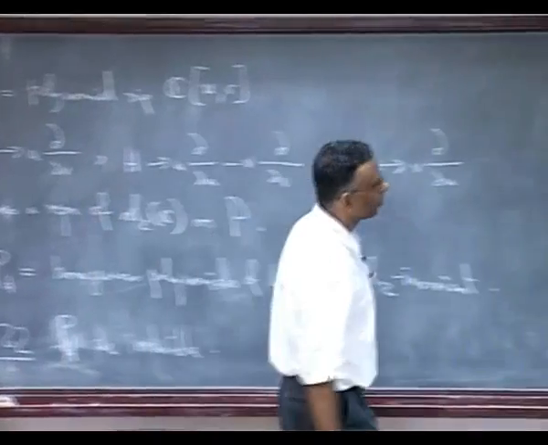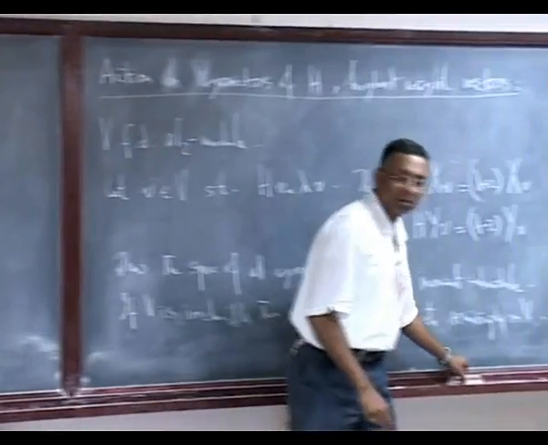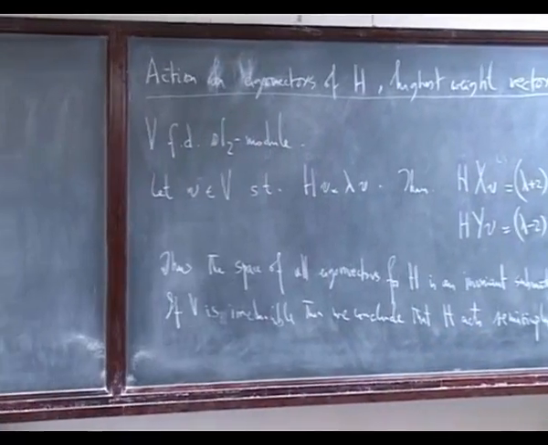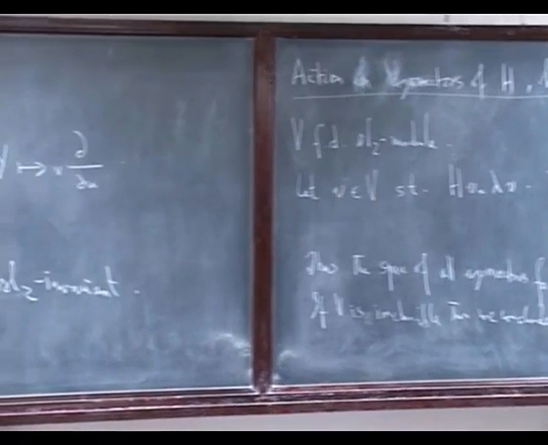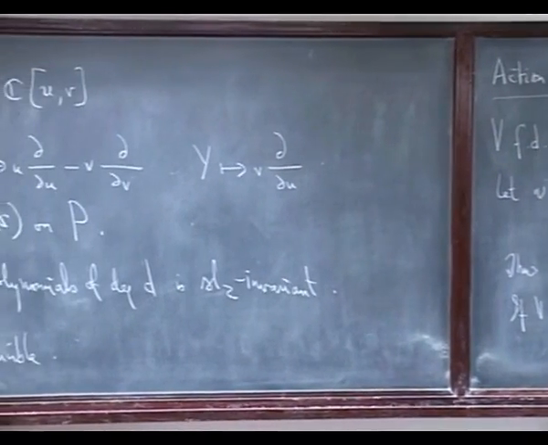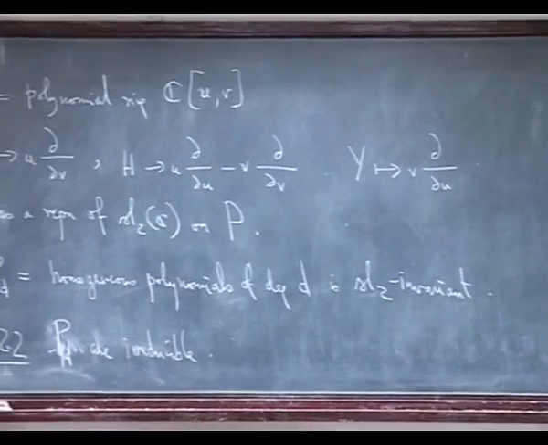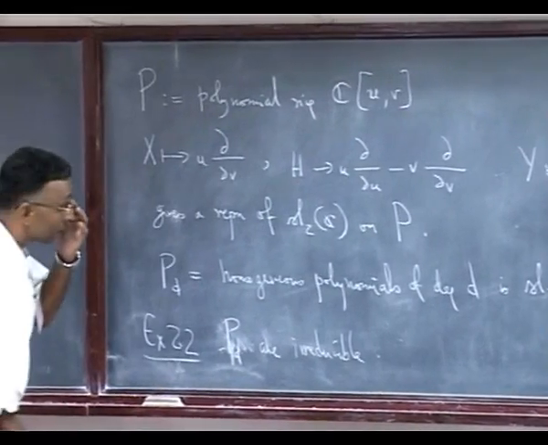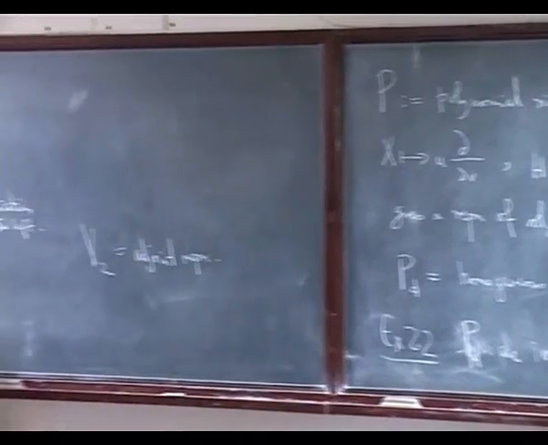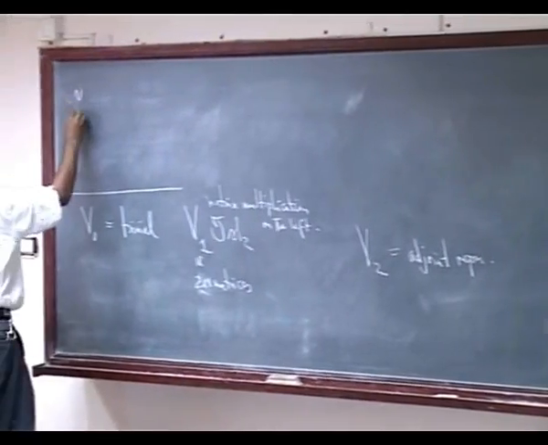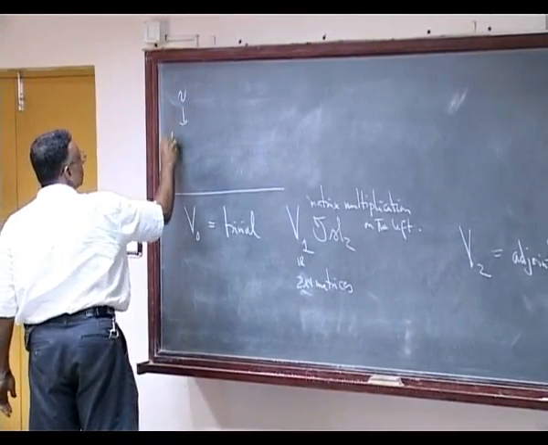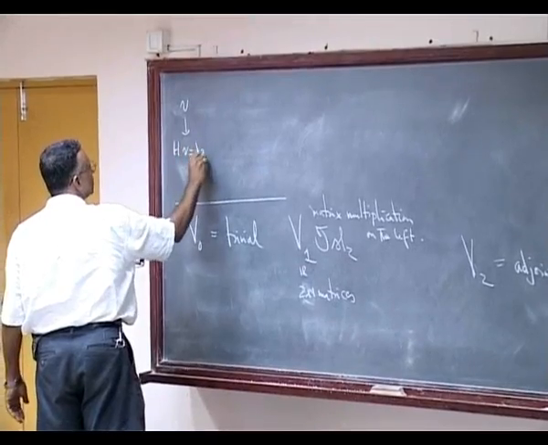Now let's also go on and analyze. These are very simple observations, but put together they give us what we want. Here is another thing we can do. Let v be an eigenvector for H, so Hv is equal to lambda v.